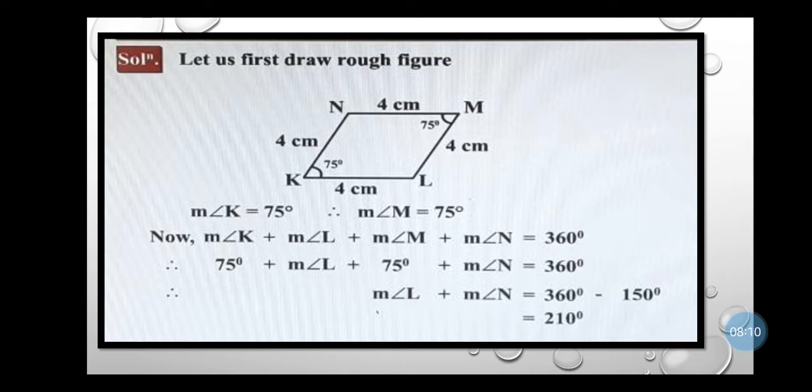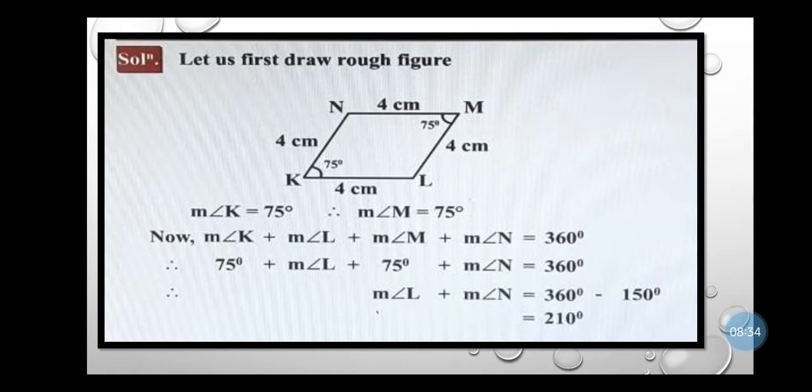Measure angle N we don't know, so we write N as it is, and all are equal to 360 degrees. Now 75 plus 75 we get 150. We send it to the RHS, so it becomes minus. Measure angle L plus measure angle M is equal to 360 minus 150, that is equal to 210.